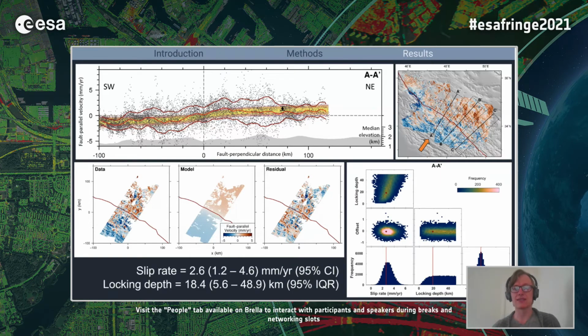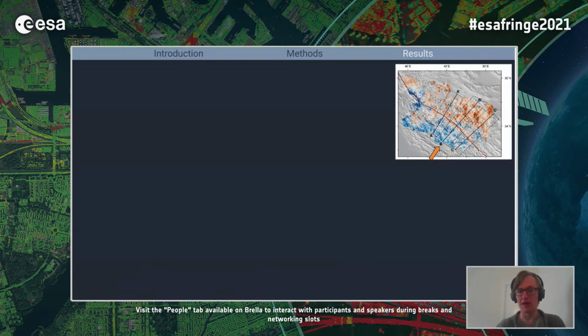And then when we look at the posterior distributions, we have a slip rate of about 2.6 mm a year with a pretty good confidence interval. In the distribution, the slip rate is quite well constrained. It's nicely Gaussian. What we see is the locking depth: while we have a lower bound, the upper bound is relatively unconstrained. It just rolls off.